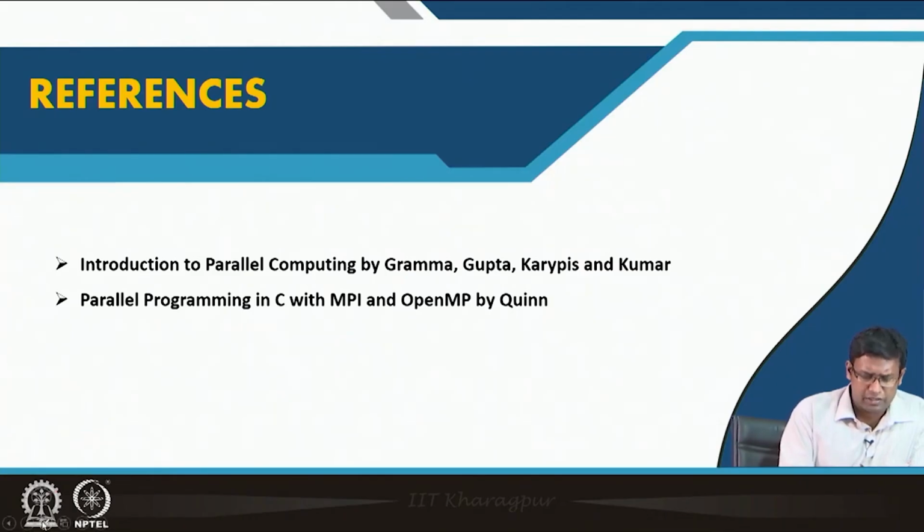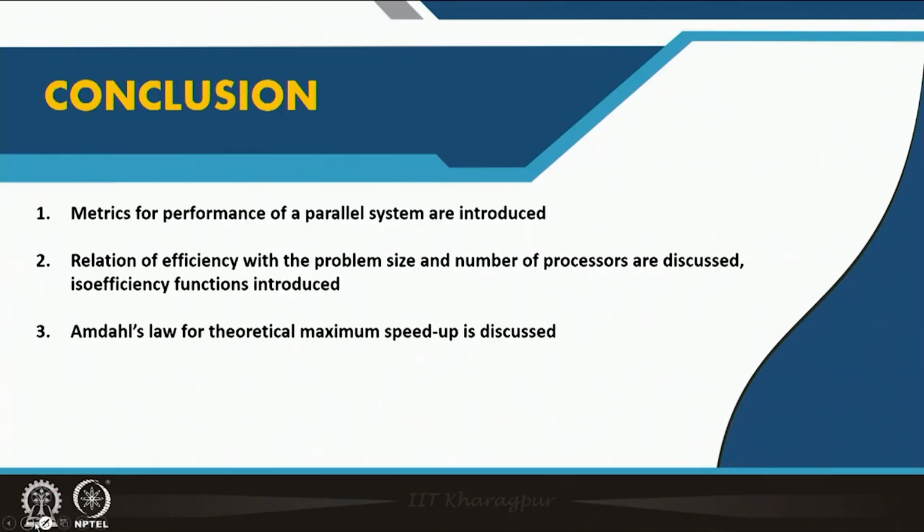So, these are the references we got here, and through this discussion we noted down the metrics for performance of a parallel system, saw the relation of efficiency with the problem size and number of processors, and looked into isoefficiency functions, and Amdahl's law is discussed, which gives us the theoretical maximum speed up for any algorithm.